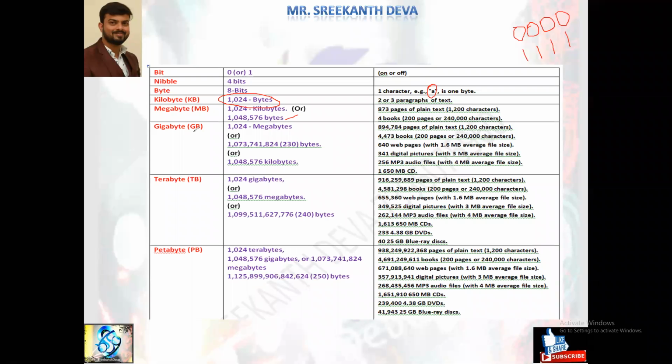A 500 GB hard disk is available in the market. There we can store a huge amount of data in gigabytes. Coming to terabyte, 1024 gigabytes represents 1 terabyte. This is very huge storage.